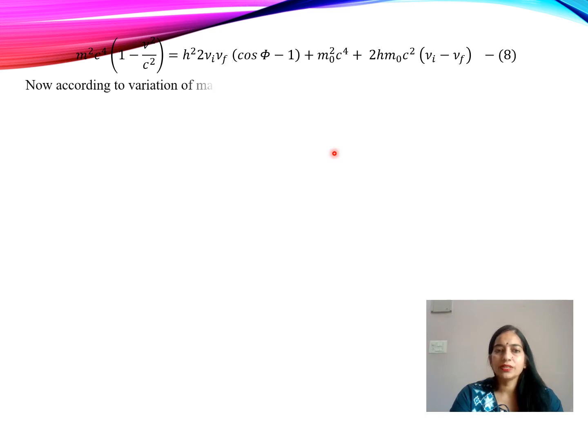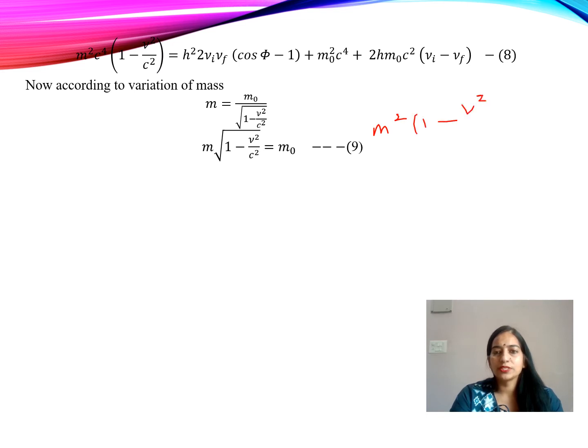From the variation of mass, m equals m naught upon the square root of 1 minus v square upon c square. Taking this term to the left side, m times the square root of 1 minus v square upon c square equals m naught. Squaring this equation, this term becomes m square (1 minus v square upon c square) equal to m naught square.